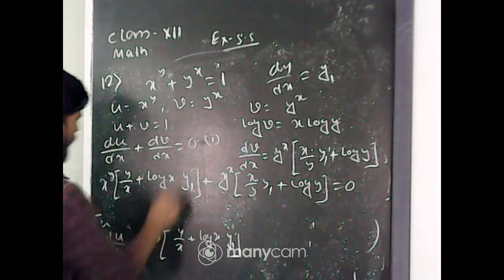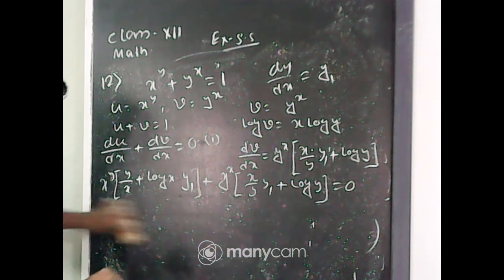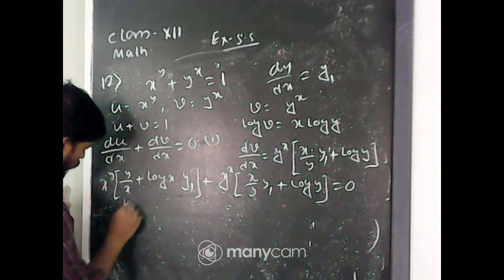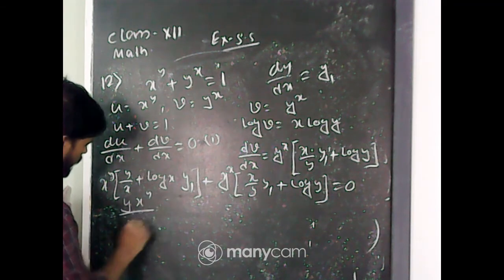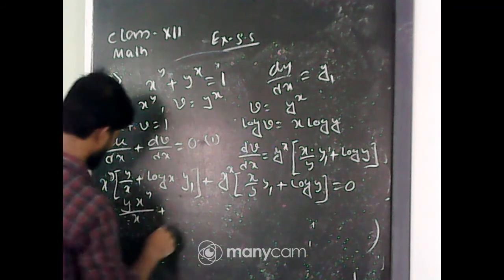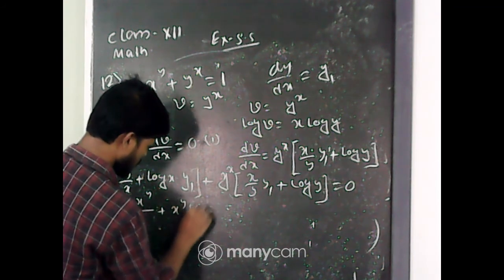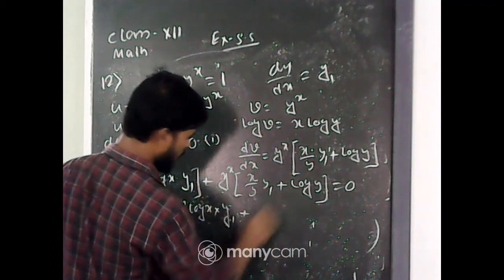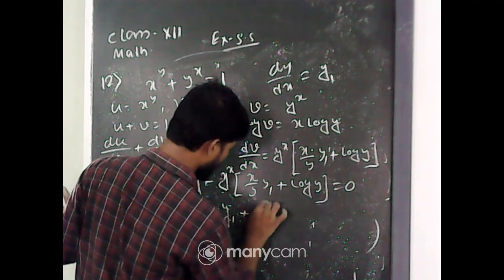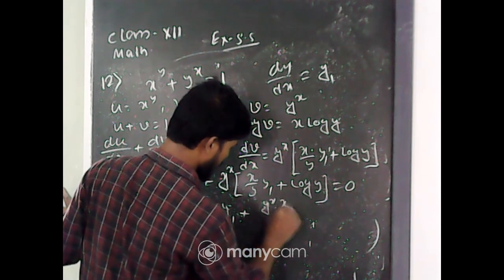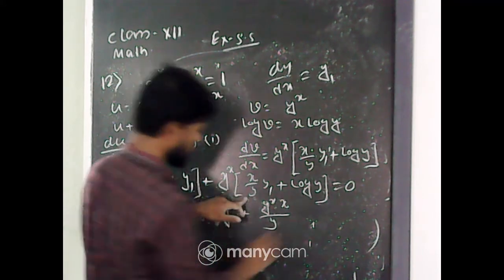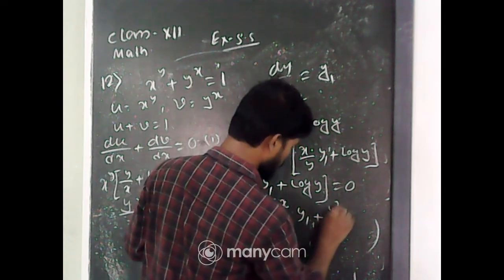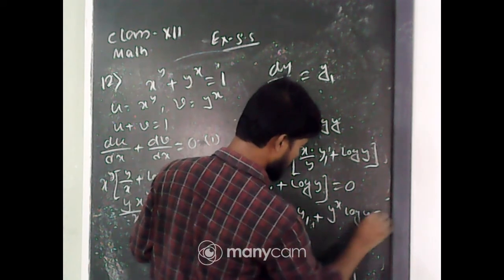Now from here we have to calculate the value of y1. First remove the bracket. It will be y into x to the power y by x plus x to the power y log x into y1 plus, if I multiply this, y to the power x into x by y into y1 plus y to the power x log y is equal to 0.